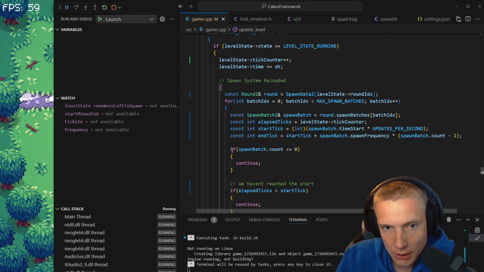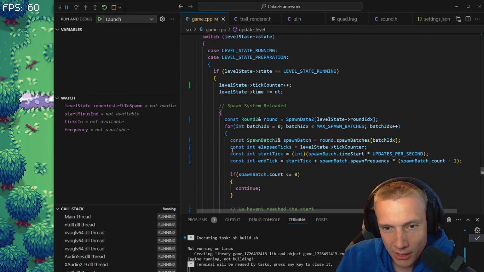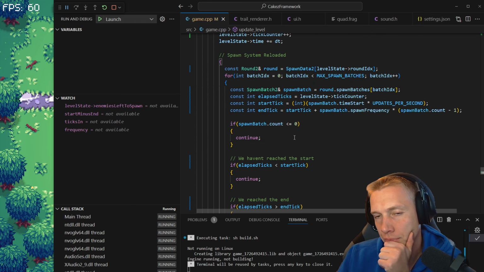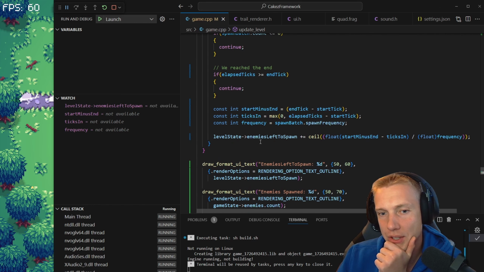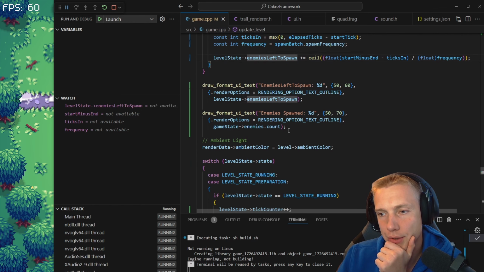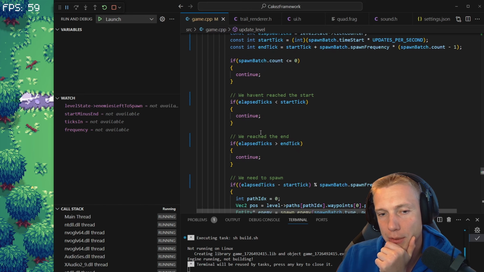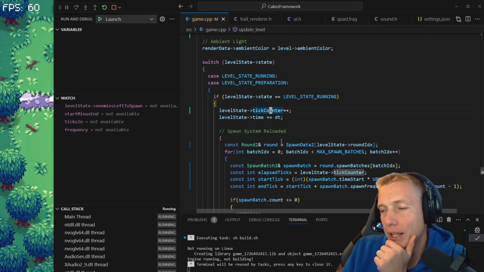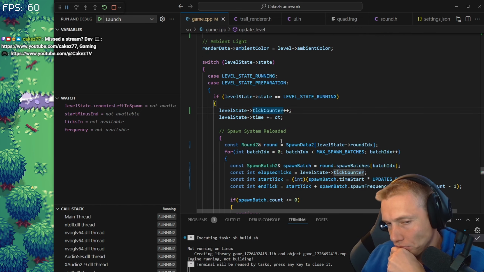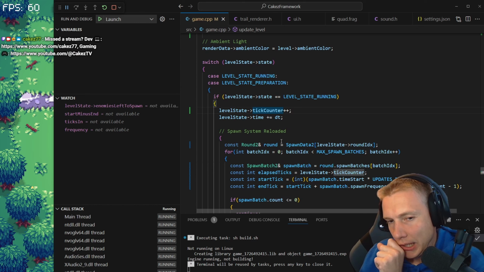And therefore, it has 21. Because this one says 20 enemies. This one spawned the first enemy. So when do I do this tick plus plus? Guys, when do I do the tick?